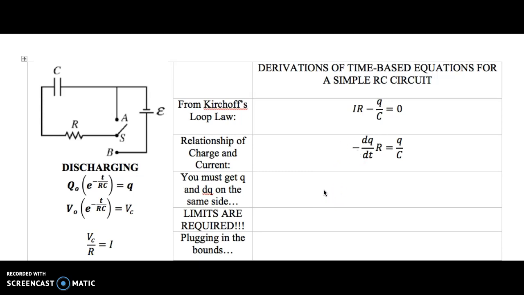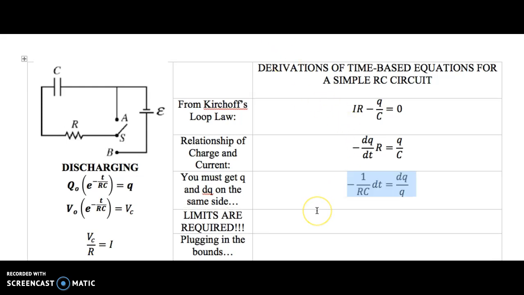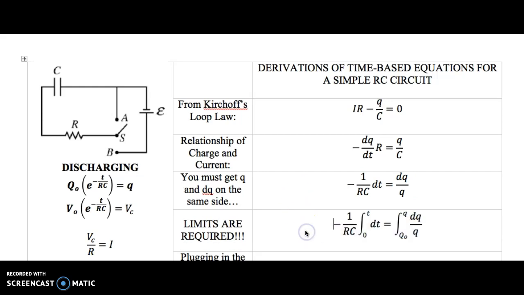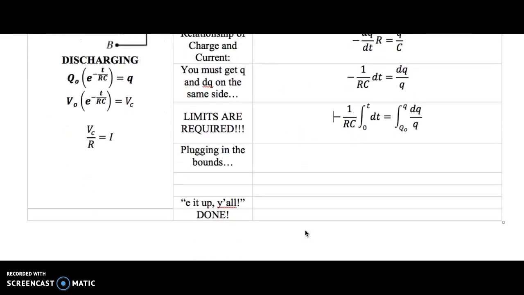Okay, the algebra for these ones is much simpler. Much simpler. Divide by Q, multiply by dt, all that stuff, right? Okay. Integration. Again, limits are required. It's worth noting that the limits are different here.